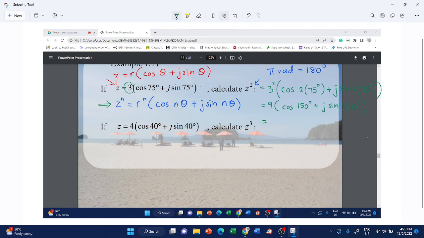When you want to calculate cos 150, make sure your calculator setting is in degrees, not radians. Key in cos 150.